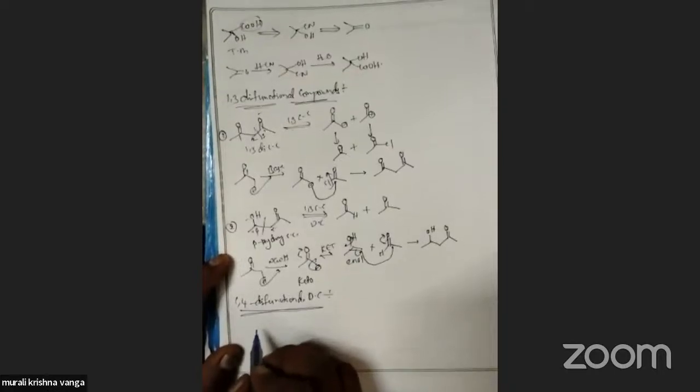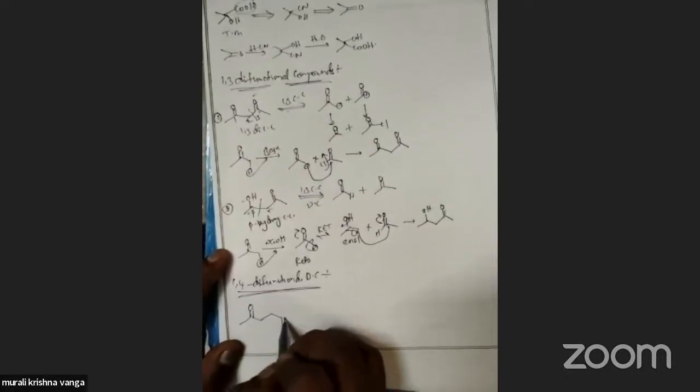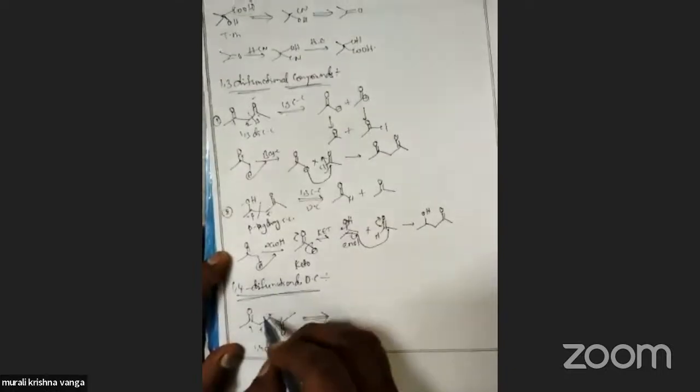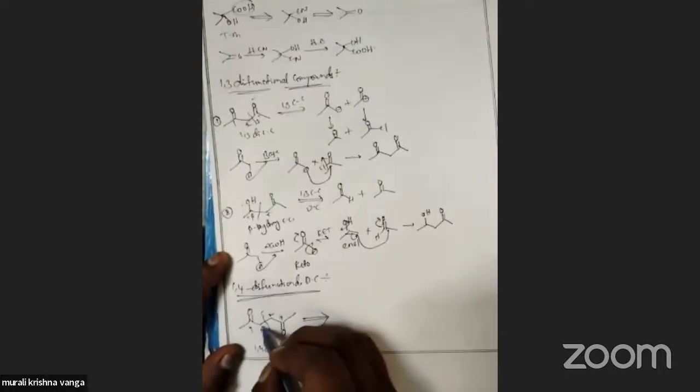In this 1,4 difunctional disconnection, 1, 2, 3, 4, 1,4 diketones, 1,4 dicarbonyl compounds, when undergoing disconnection, the bond disconnection takes place here: negative, positive, negative, positive.